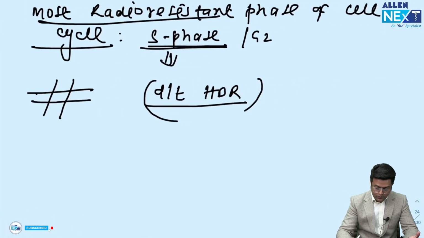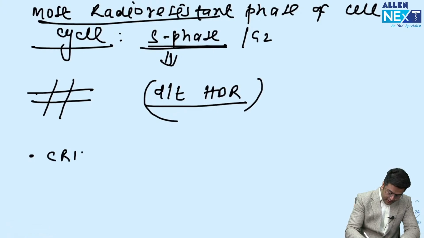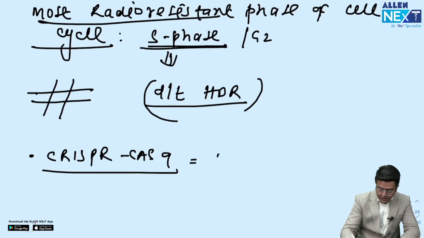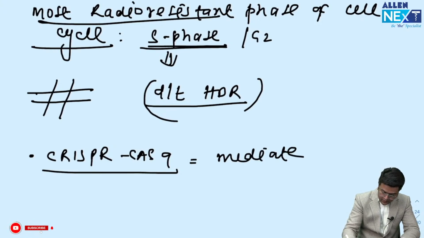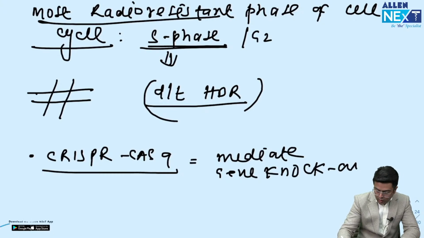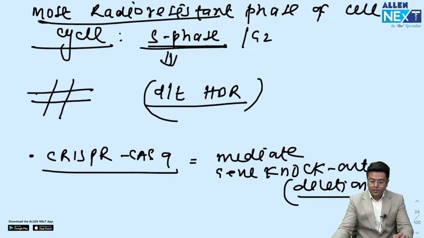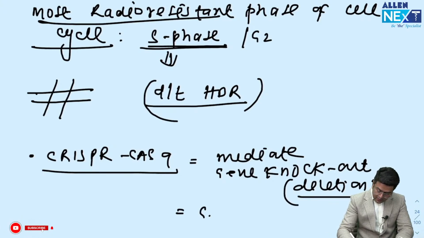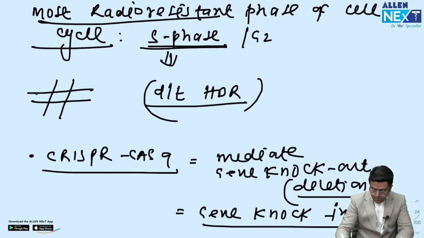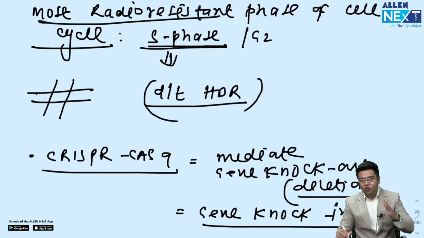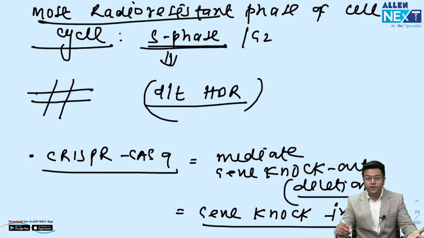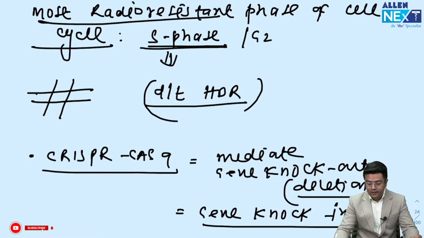So just remember that CRISPR-Cas9 can mediate gene knockout, that is deletion of a target gene, and it can mediate gene knock-in, that is insertion of a gene, which is still very difficult. Otherwise, gene therapies would have been very much possible, right?